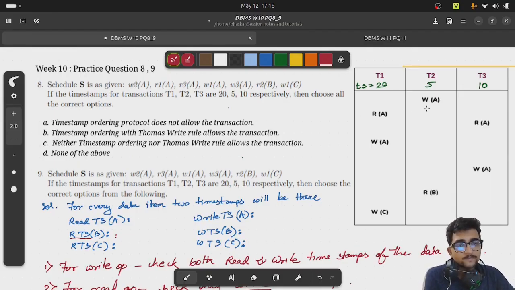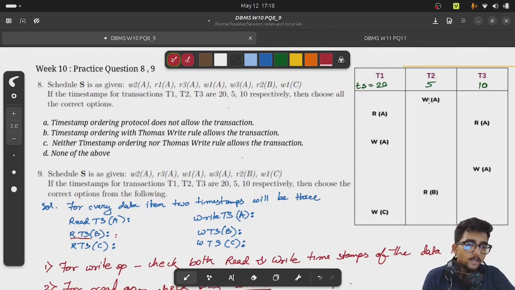Okay, so now we will apply the timestamp ordering values, and let us see whether the timestamp ordering protocol allows this schedule or not. So first we will see that WA is there, right? And T2 is issuing WA. It is the first operation, so nothing to worry. And we know that whenever we write, according to the rule, we check both the read and write timestamp.